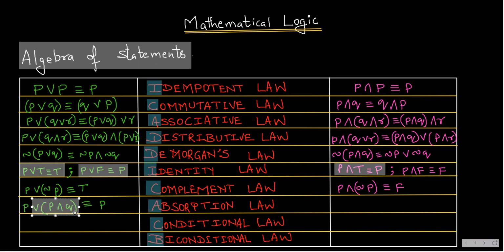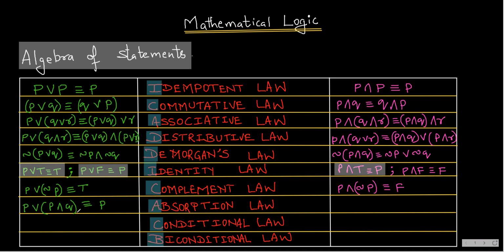That's why it is absorption law. You see, what you see is only P. Whatever be the truth value of P and Q, the final truth value will be what P is. Only P will have the say, Q will have no say.